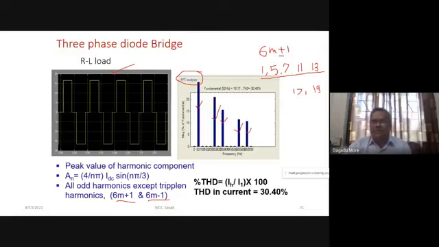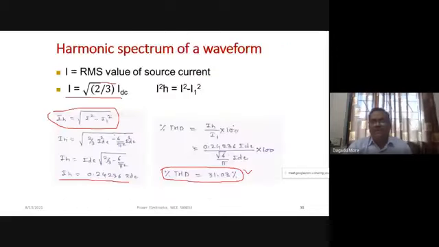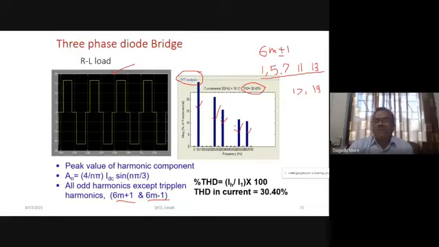And we find the THD, particularly this will be 30.4%. There will be a slight variation. Our calculated value comes out to be 31.08, but here it comes as 30.4. So approximately we have 31% THD in the source current of the diode bridge.